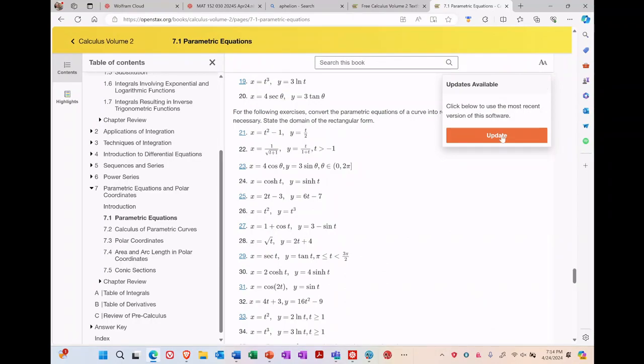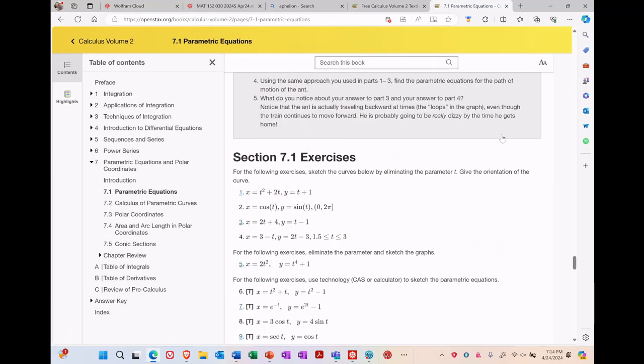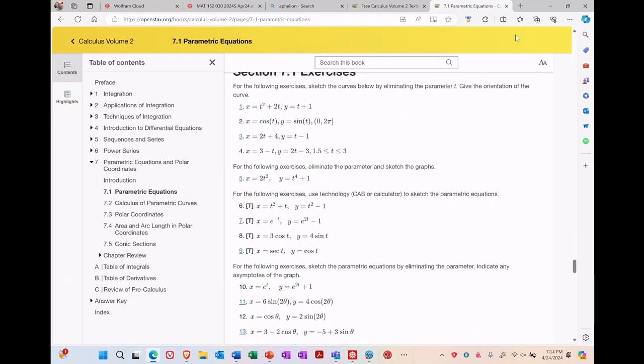Which can just go away. No, you're going to make me update, aren't you? Oh, okay. Should try to do some parameter elimination, looks like.